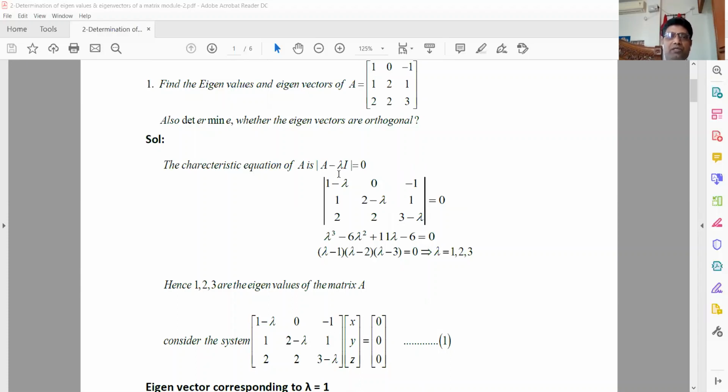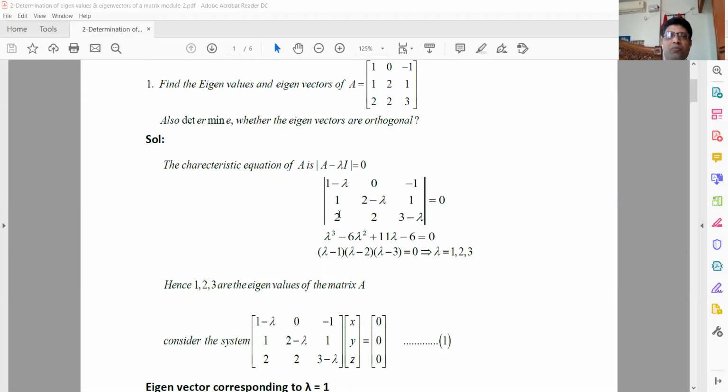If you multiply that with lambda, you will get lambda 0 0, 0 lambda 0, 0 0 lambda, and if you subtract that from the given matrix, you will get 1 minus lambda, 0, minus 1, 1, 2 minus lambda, 1, 2, 2, 3 minus lambda.